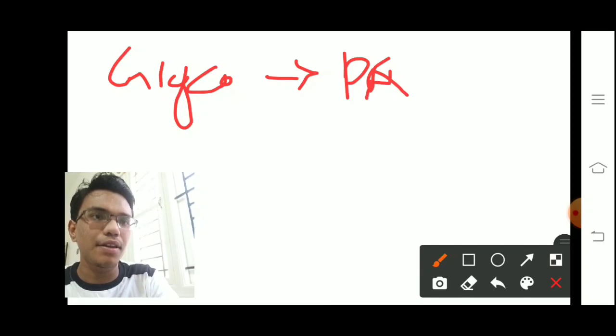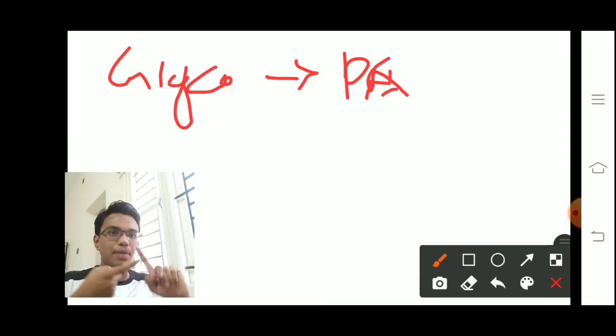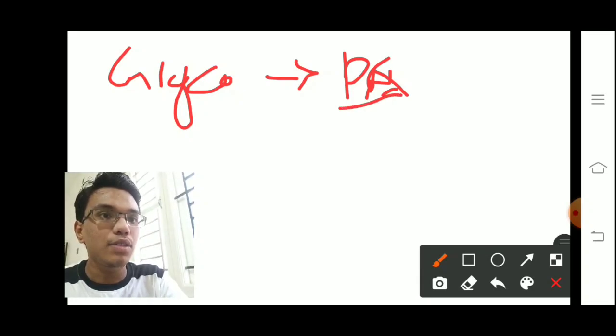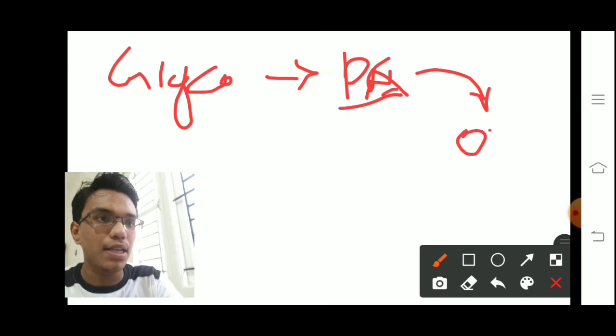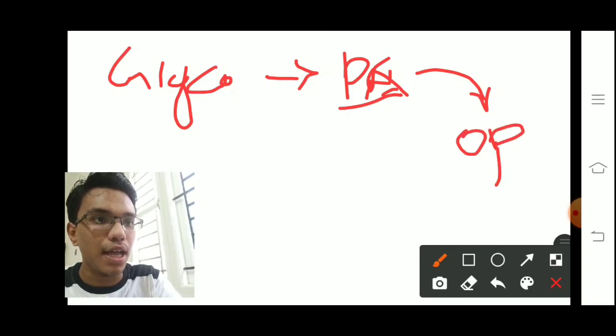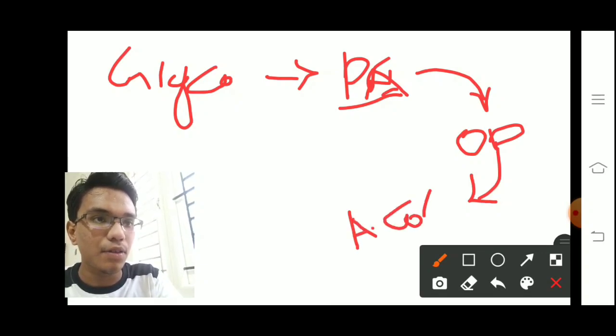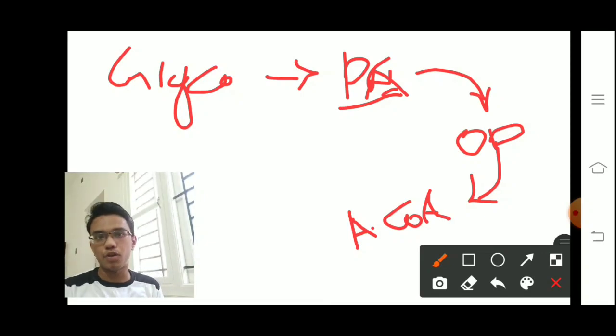You will be reading this in biochemistry; I am tying this pathology with biochemistry. Now pyruvic acid is produced, and it will undergo oxidative decarboxylation, and it will produce acetyl CoA.